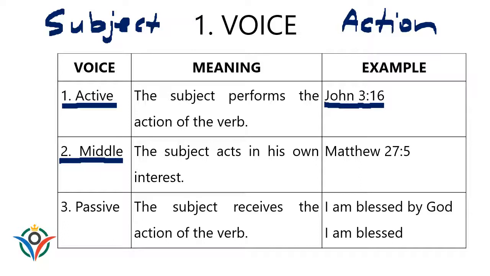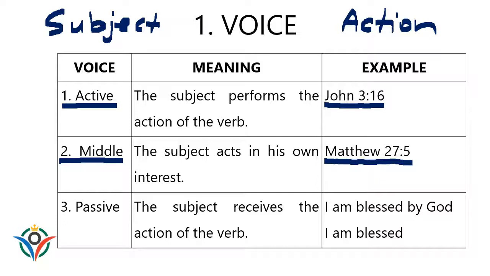So the example I've given you, and this is just one type of use of the middle voice, is from Matthew 27 verse 5, which tells us that Judas Iscariot went out and hung himself. All right, so Judas acted in his own interest, and that was written in the middle voice.